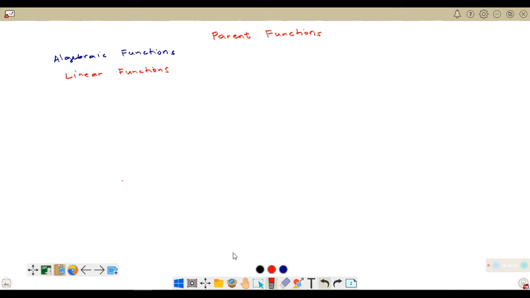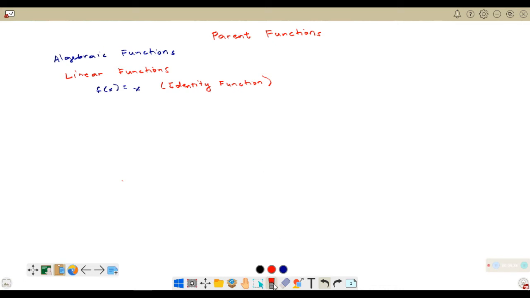So the parent function of linear functions is f of x is equal to x. This is also called the identity function. So, ang parent function ng linear functions ay f of x is equal to x or the identity function. Please take note of that.